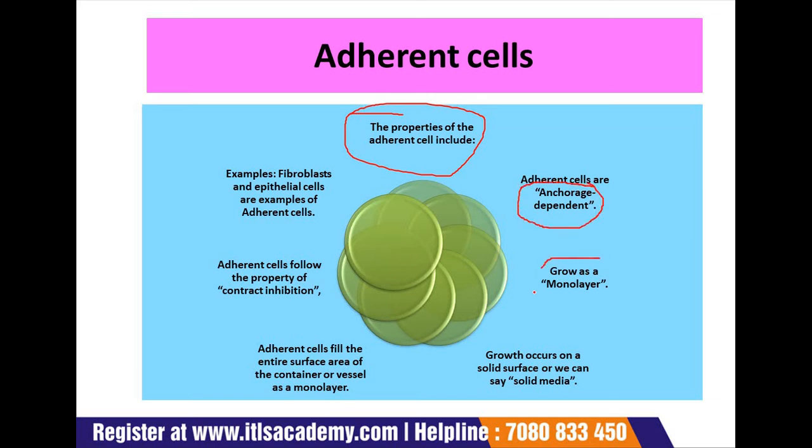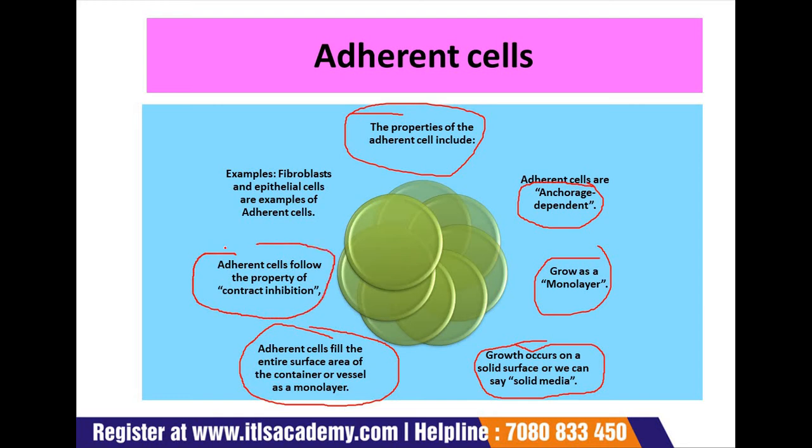Second, they grow as a monolayer. Third, growth occurs on a solid surface, or we can say solid media. And fourth, adherent cells fill the entire surface area of the container or vessel as a monolayer, and adherent cells follow the property of contact inhibition.